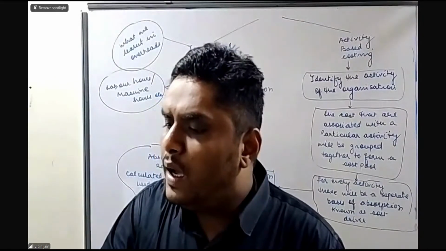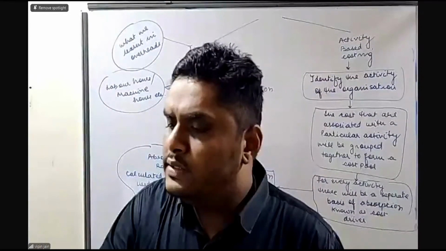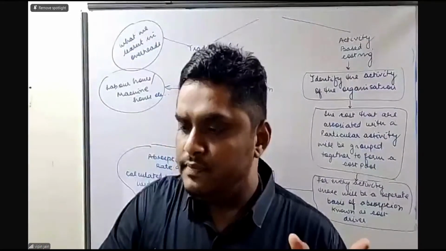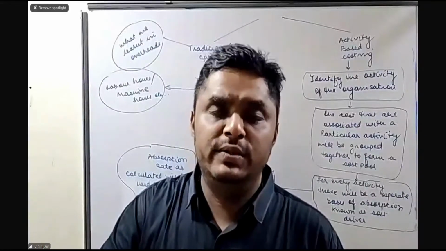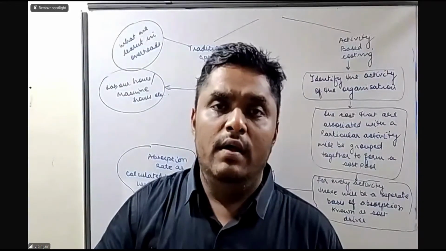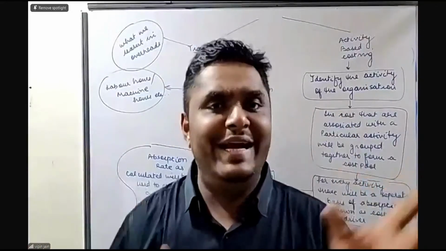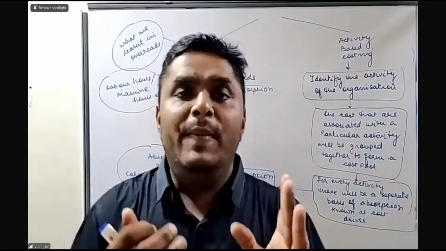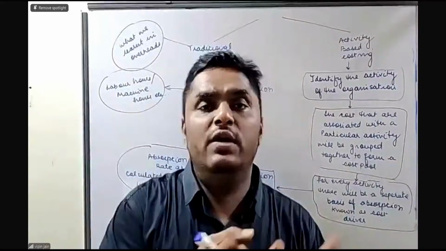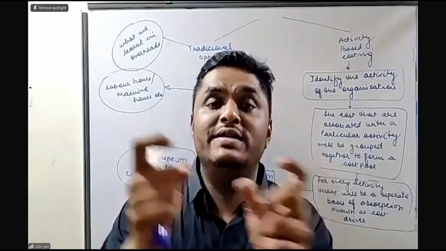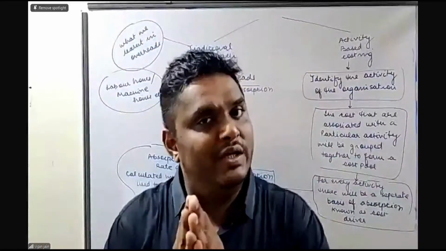Sai Kiran Kumar, I think you are asking a question on overheads, so let me give you a brief. When talking about the distribution of overhead, there are two parts, primary distribution and secondary distribution. Primary distribution is allocation or apportionment. If the overheads are distributed directly, it is allocation.